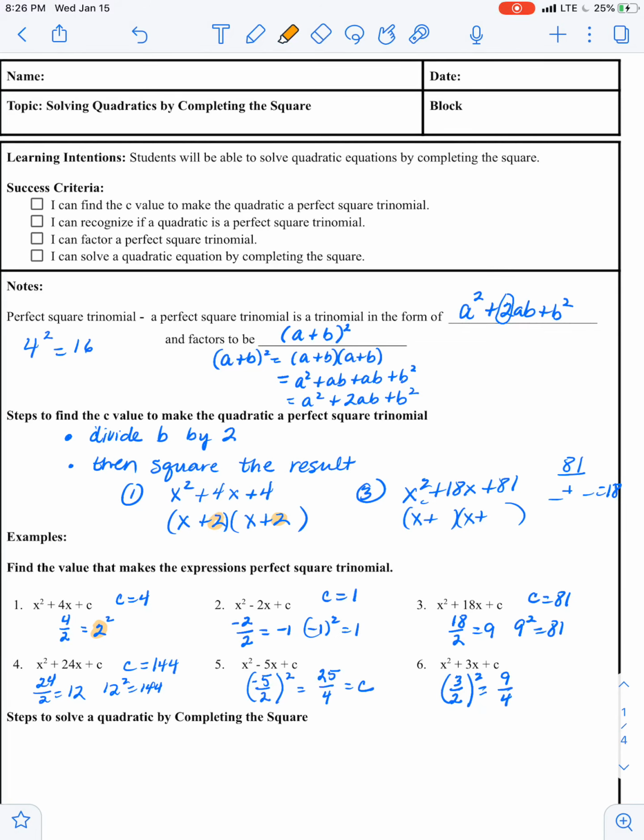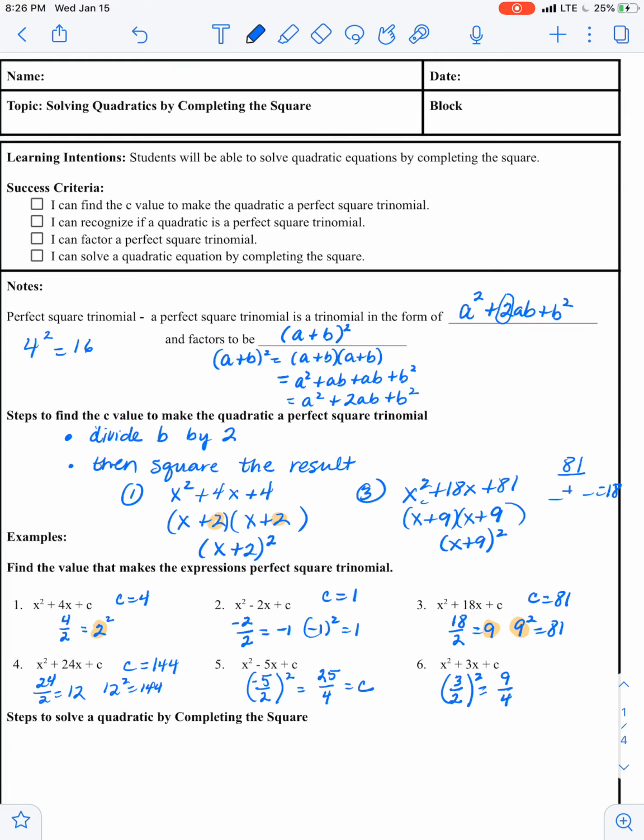Again, if I use the same rule without even factoring it, remember it is what I squared, the 9, or it is the b divided by 2, the 9. Either way you want to look at it. So what are factors of 81 that equal 18? 9 and 9. Okay? And how we would write this is the important part that goes into our next set. Instead of writing it as x plus 2 times x plus 2, we call it x plus 2 squared. This would be x plus 9 squared.